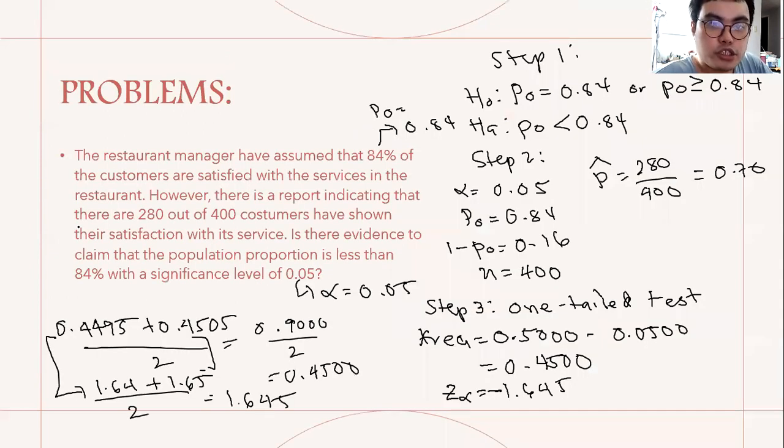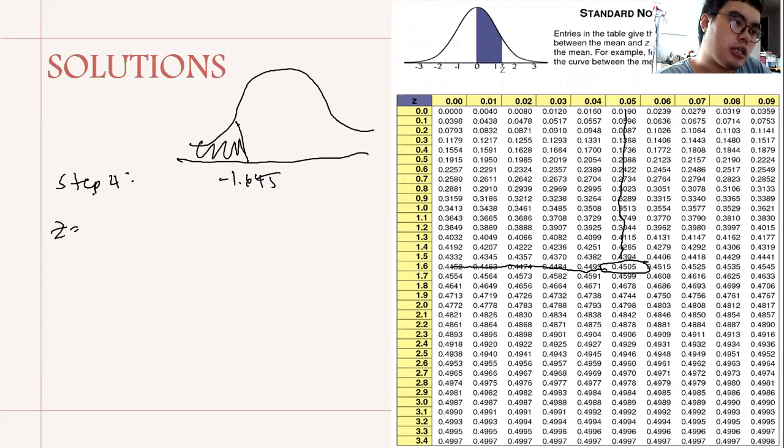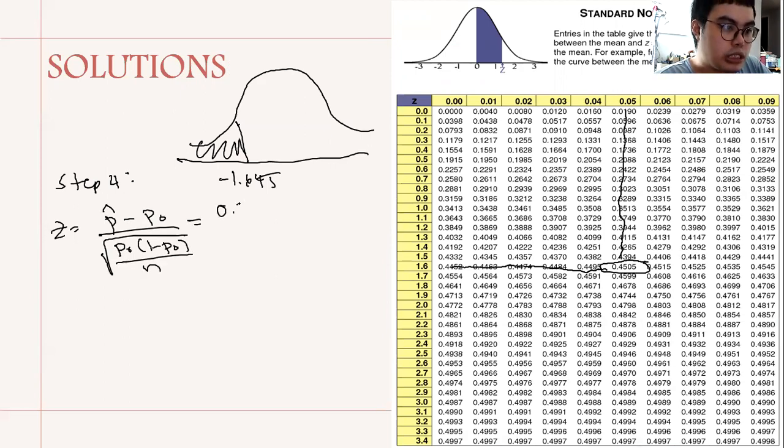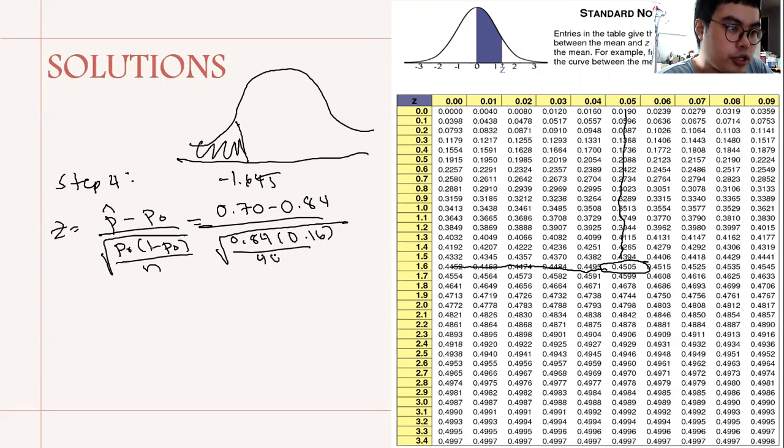We subtract the population proportion from the sample proportion, then simplify what's inside the square root. So 0.70 minus 0.84 divided by the square root of 0.84 times 0.16 divided by 400.